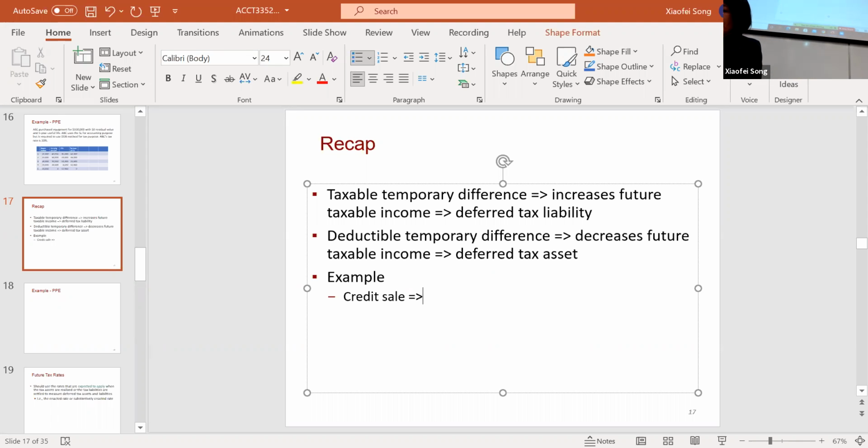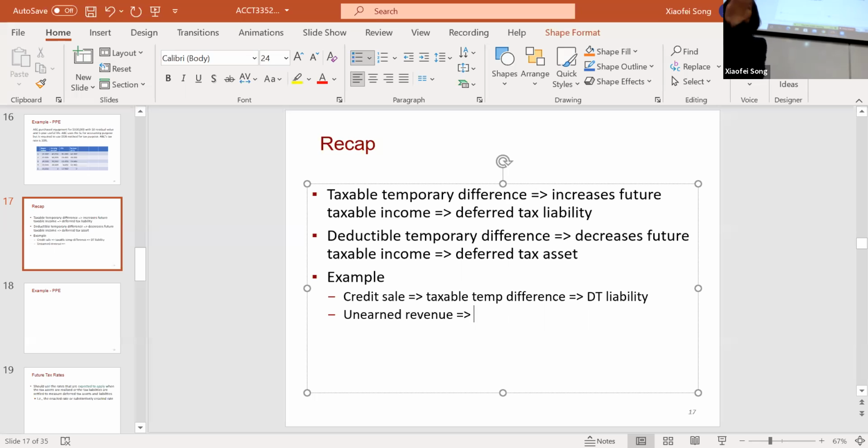So this will be a taxable temporary difference. And therefore, we should have a deferred tax liability as a result. Yes, so that's one. How about unearned revenue? Is it deductible?